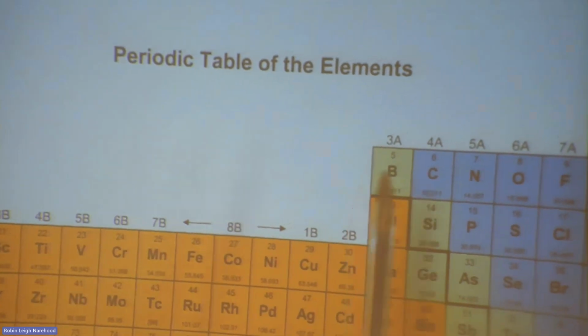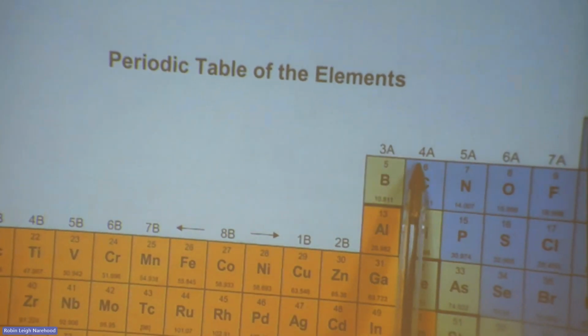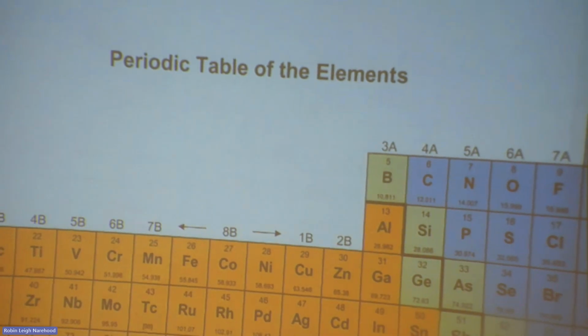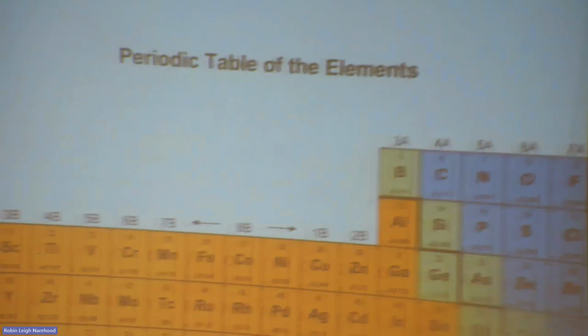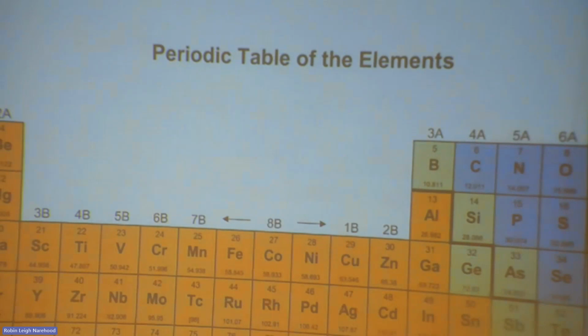You count the group number. So we don't use the atomic number because that's the total protons, which will equal the total electrons. Valence are the ones in the outermost energy level. So those orbitals at the outermost energy level are the ones that will interact. And if 2 atoms have orbitals that overlap and electrons equally are shared, or unequally are shared, but kind of equally at least, you form covalent bonds.